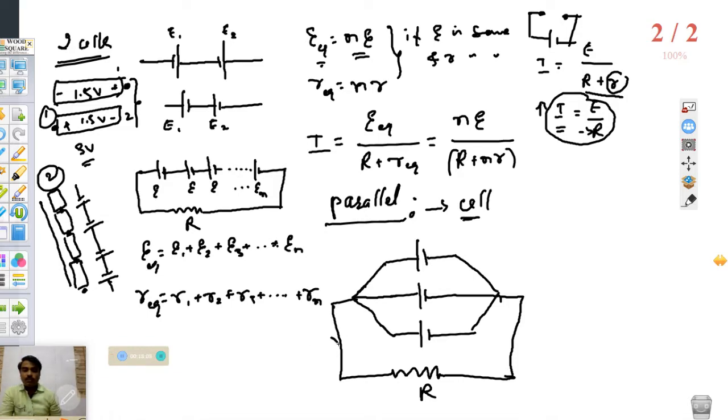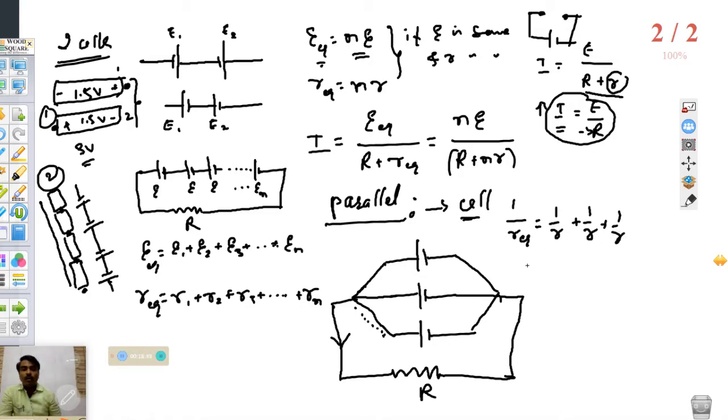Here the current flows in this direction. Imagine the current flows. Then, if all the cells are of equal internal resistance and equal EMF, here we should consider n number of cells connected in parallel. Then as we know, in the parallel combination, the equivalent resistance is the reciprocal of the individual resistances. Okay, like this we can write.